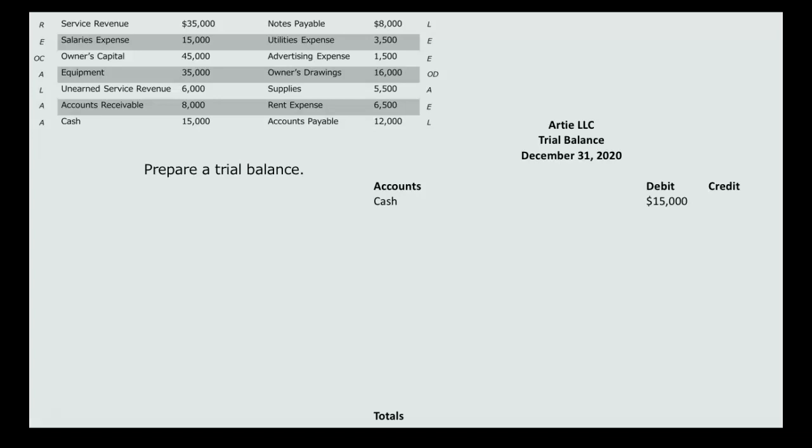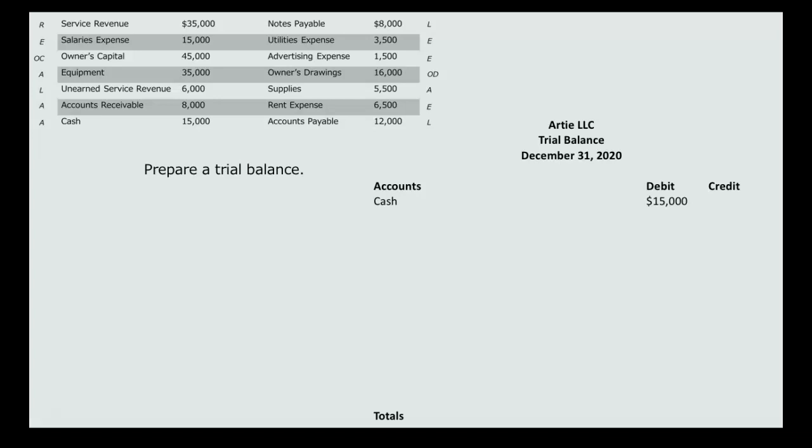So then we're looking for the next most liquid asset. So we're down to now just equipment, accounts receivable, and supplies. Well, we know that equipment is something that the company is going to want to keep long term. So that's not going to be a very liquid asset. So we're down to accounts receivable and supplies.